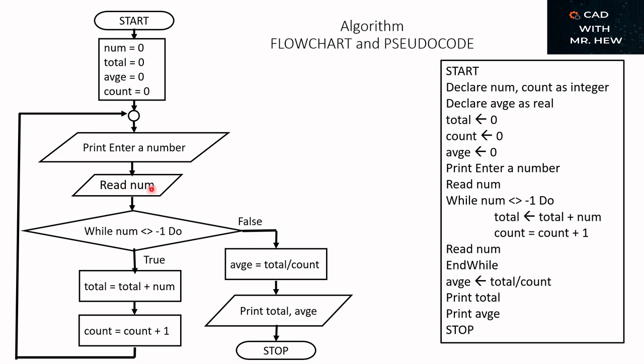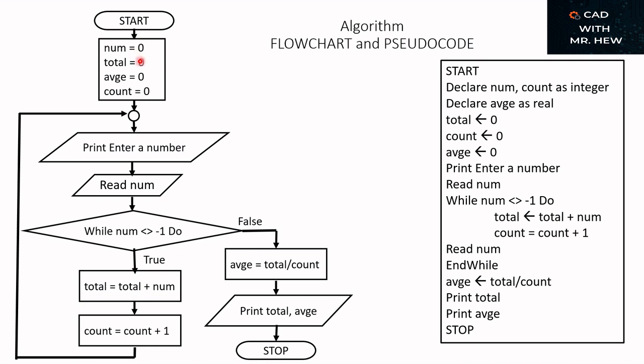Then we're going to read from the keyboard the number that the person entered, and we're going to store that in the variable num. Then the next step in the flow chart is, while the number entered is not equal to -1, which is the sentinel value, the software will add the number to the total.